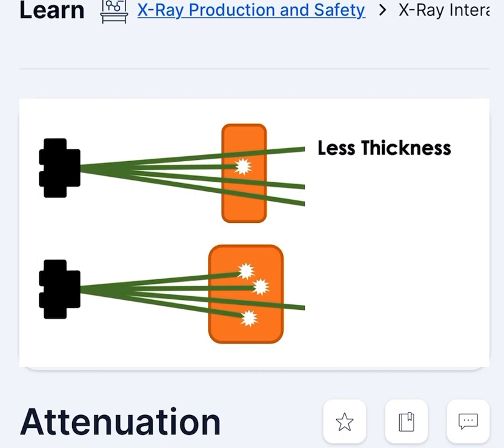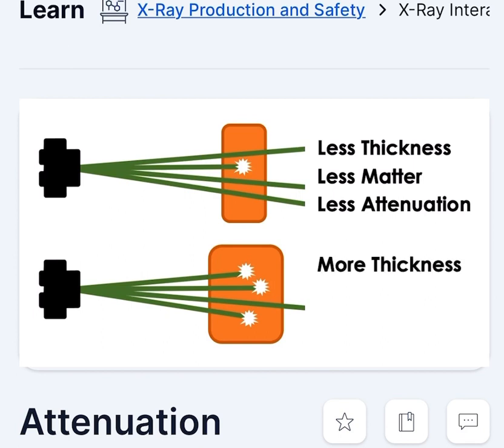If there's less thickness, that means there's less total matter that the X-ray beam has to go through, and when there's less matter, there's going to be less attenuation, because there's not as much stuff in the way to attenuate the X-ray beam. But if we X-ray a part that has more thickness, this means there's more matter that the X-ray beam must go through, and in the end, this results in more attenuation.